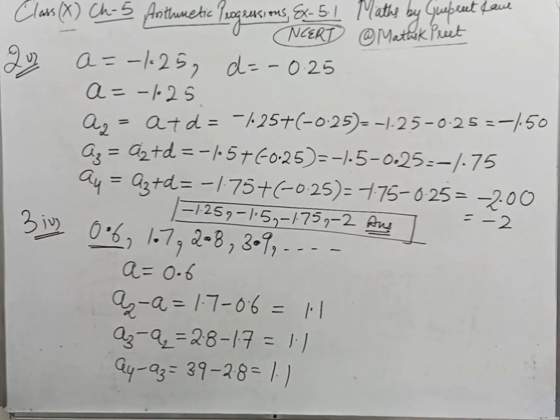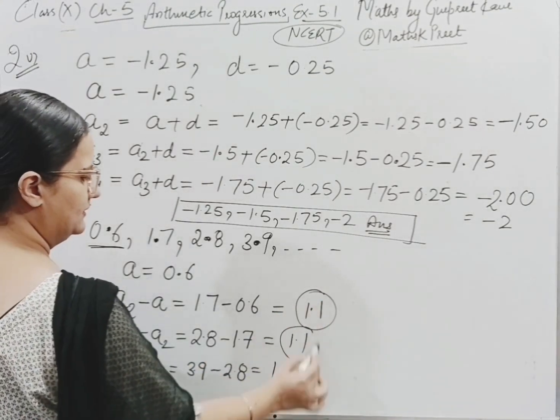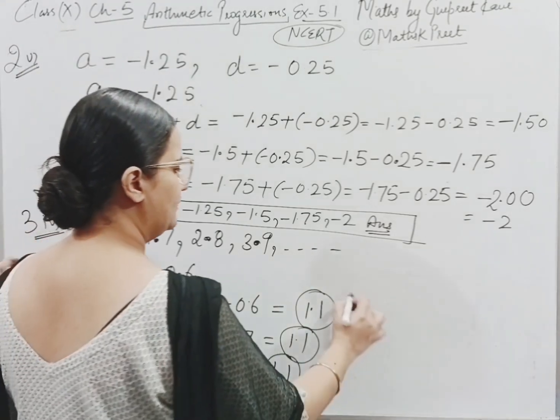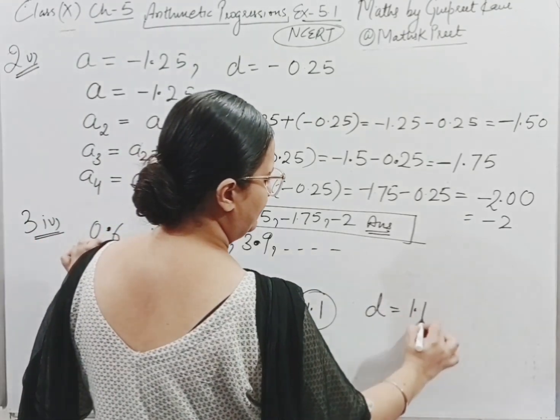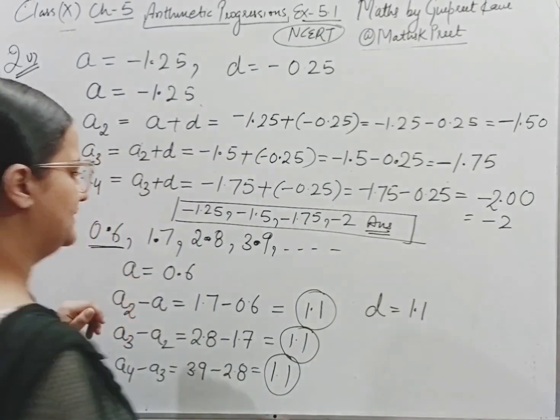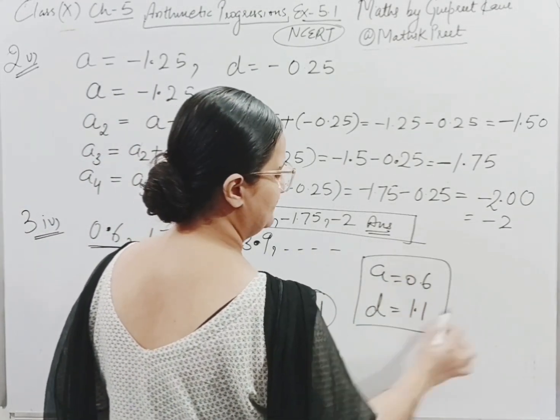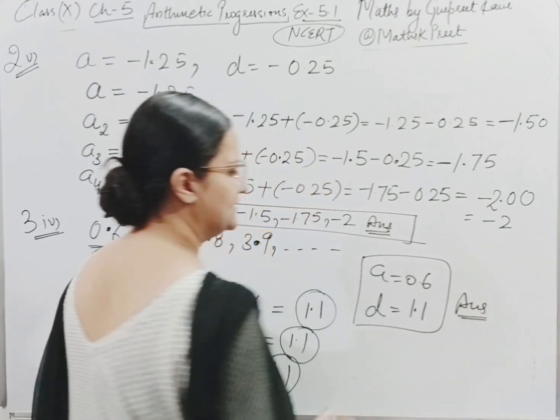So these were the first four terms given to us, and I'm getting the same difference here. So this difference is common, and the value of D I'm getting is 1.1. So these two things are our answer. A is equal to 0.6 and the common difference is 1.1. Very simple questions these are.